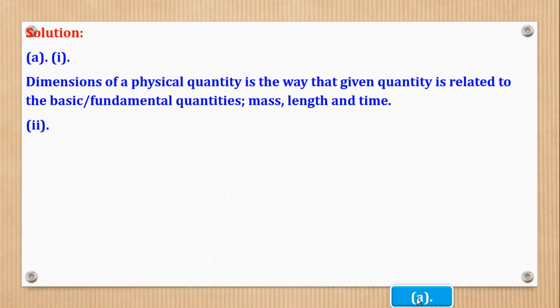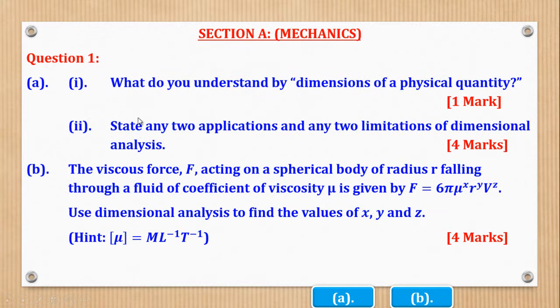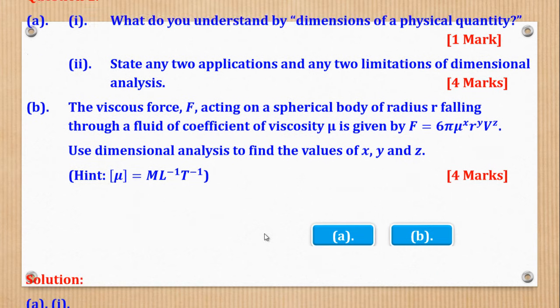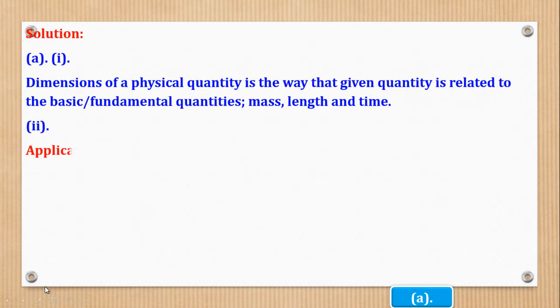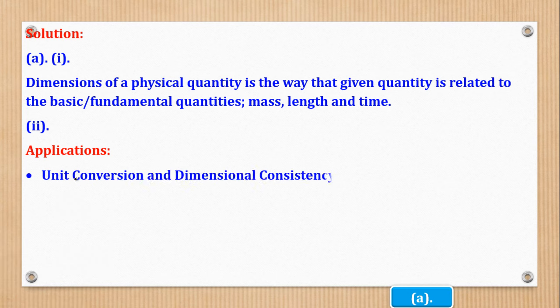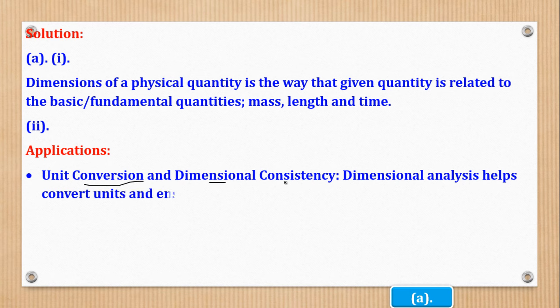Then Roman 2 says, state any 2 applications and any 2 limitations of dimensional analysis. So let's begin with the applications. 1, it is used in unit conversion and dimensional consistency.